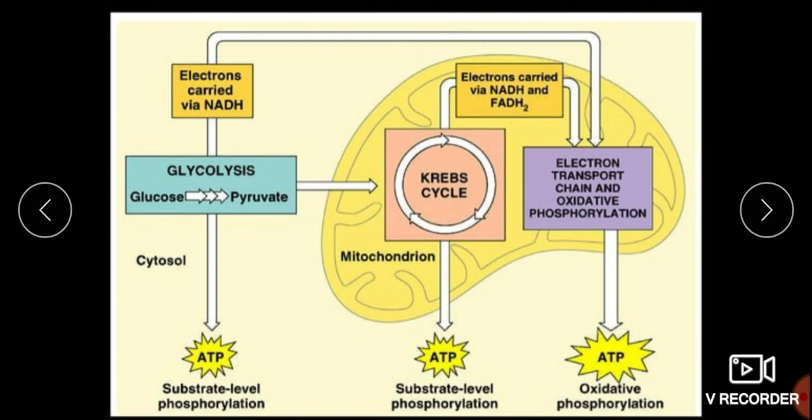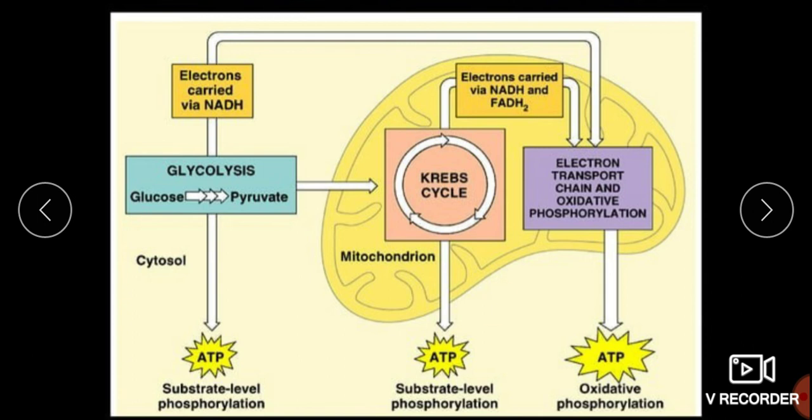The electrons from glycolysis are present in the cytosol, and these are carried by NADH. Also, the electrons from the Krebs cycle are carried by NADH and FADH2, where these electrons are used for the synthesis of ATP through oxidative phosphorylation.